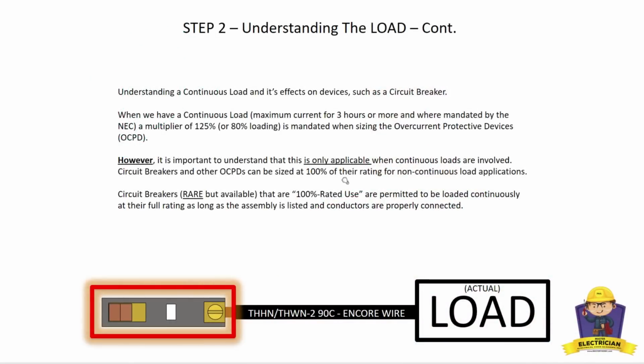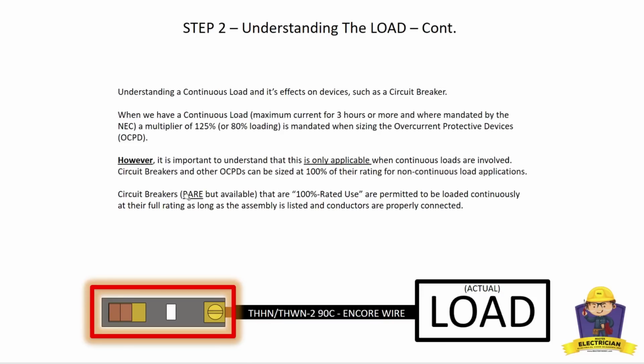All right, but when it's a non-continuous load, I'll load that up to 20 amps. If it doesn't stay on continuously for more than 3 hours, then it could be on at 20 amps for 2 hours, 59 minutes, 59 seconds, and it can be sized that way without a problem.